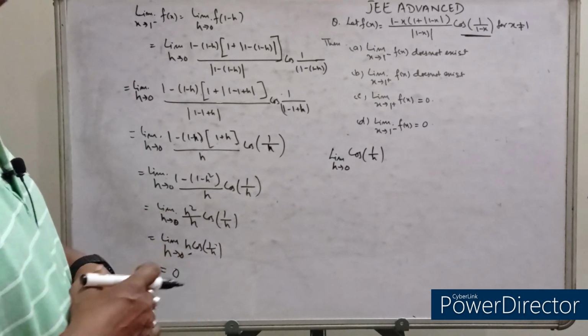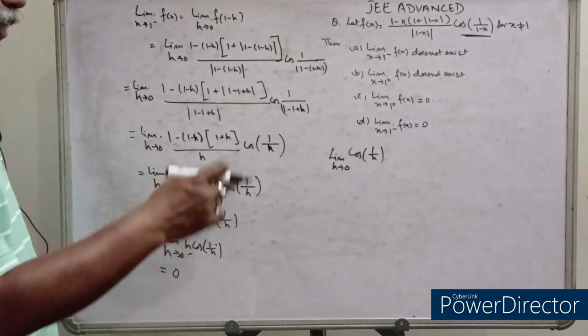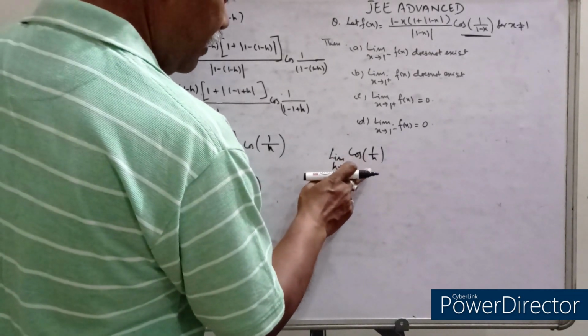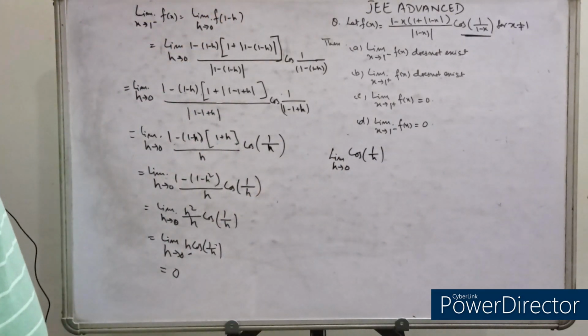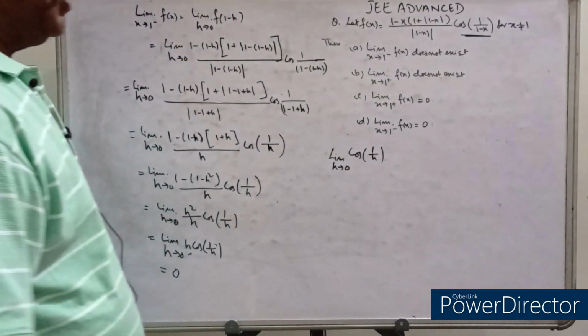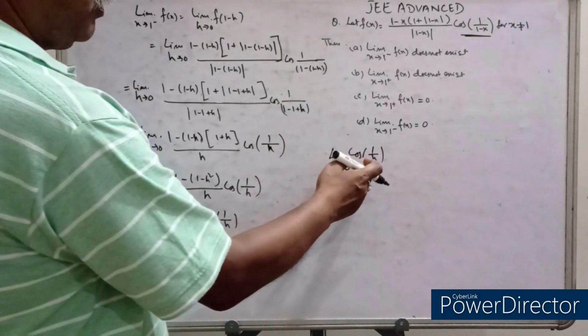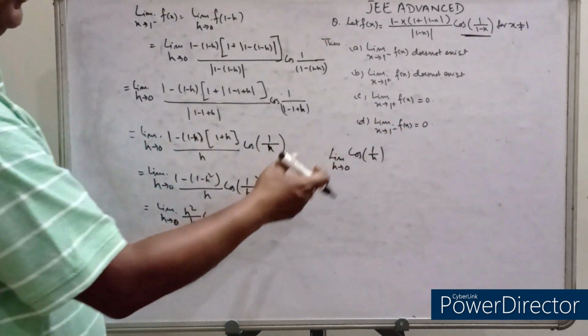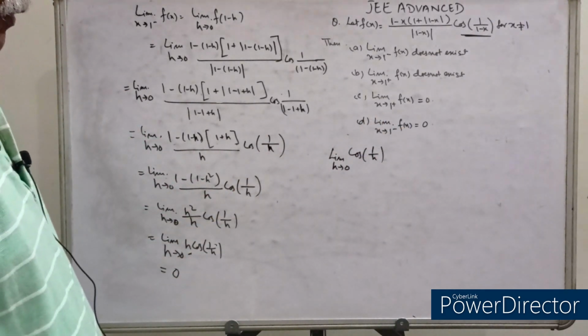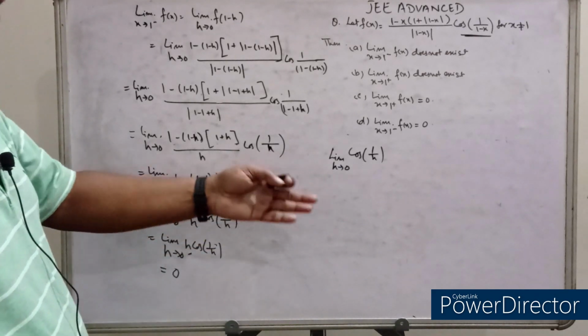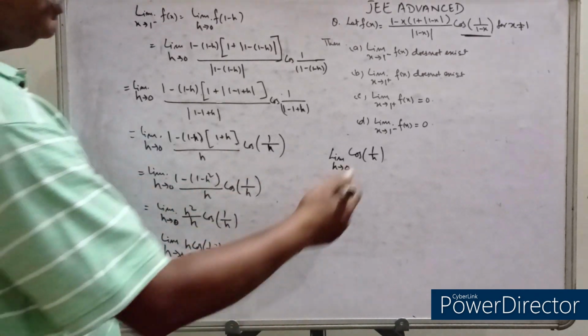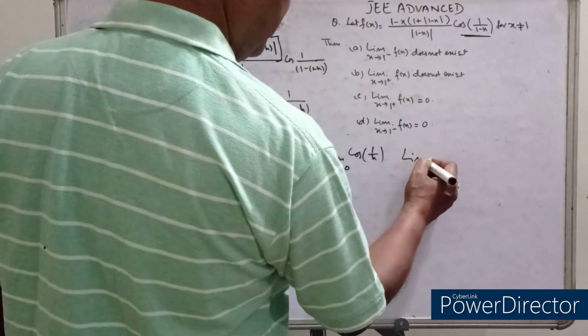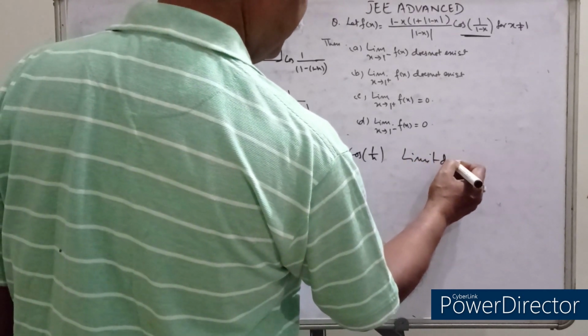Suppose your answer ends here, then there is a problem. You can't give any decision, because cos 1 by h does not settle to a value. When you are unable to give a decision, that means your limit does not exist.